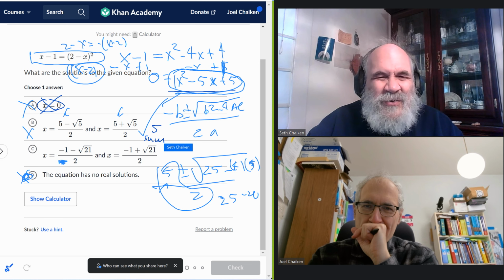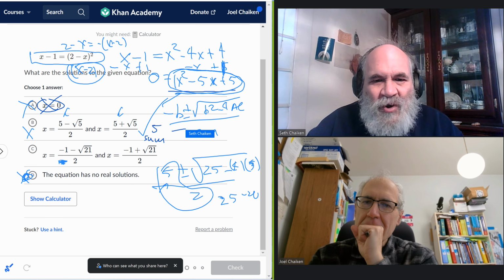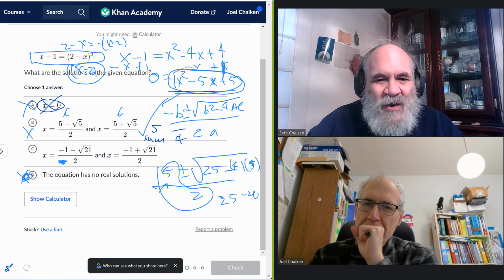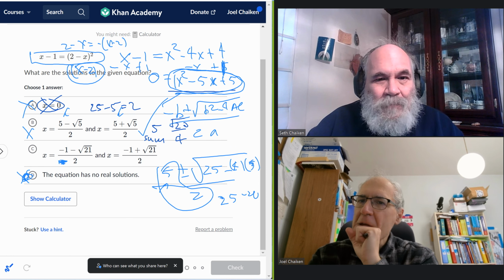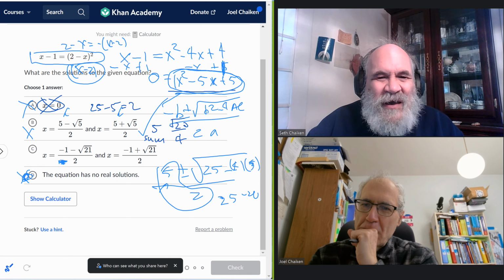And the product of the roots, well, is a quarter of the product of these two things, which is 25 minus 5, which is 20, plus the square root of 20. Which is okay, right? Which it should be 5.